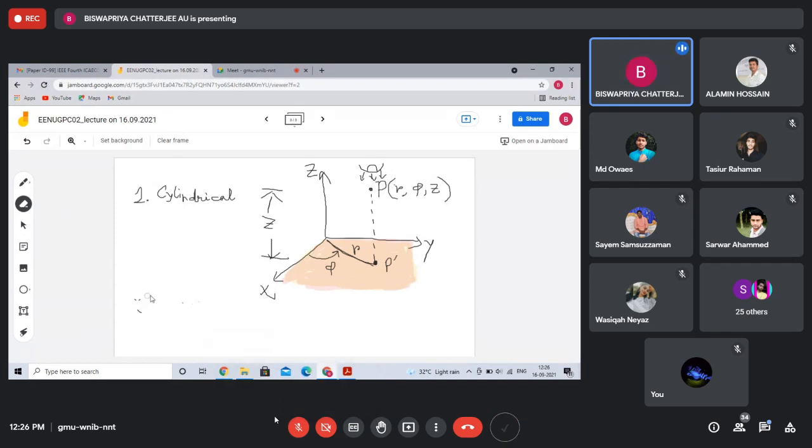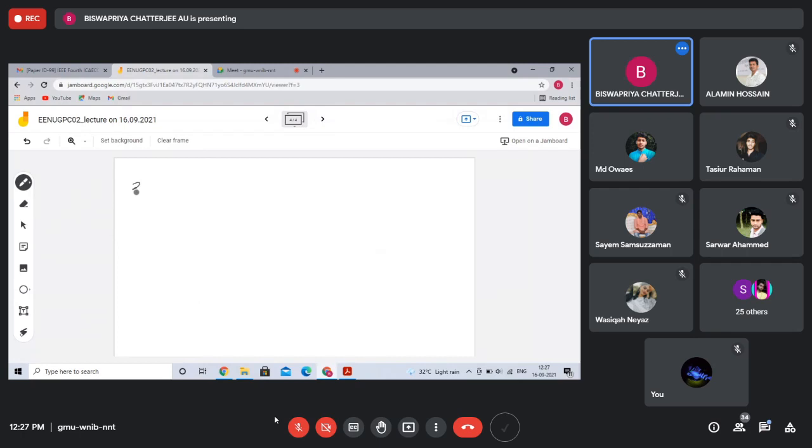The third system is the spherical system. Any point P, same diagram: this is the x axis, this is the y axis, this is the z axis.